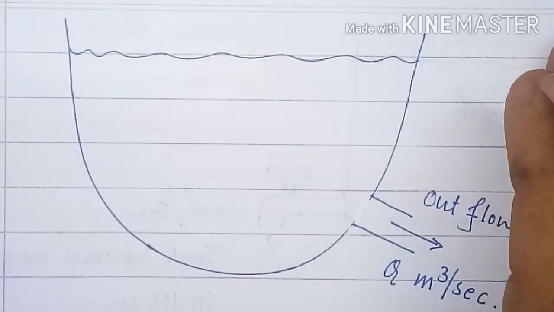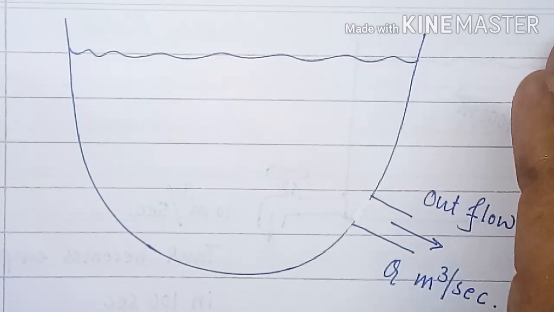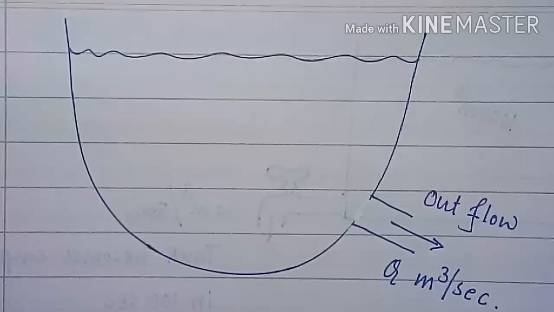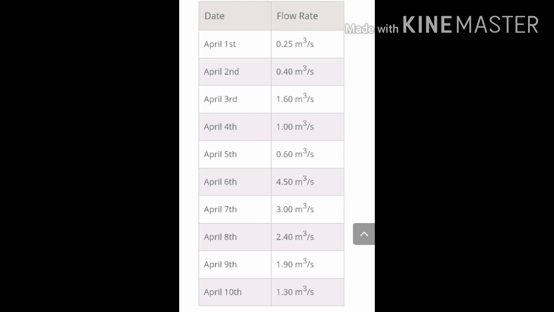And for this tank, let us say we are having flow rates available for 10 days as follows. In this table, you can see the flow rates from 1st April to 10th of April. The flow rates here are different for different day.